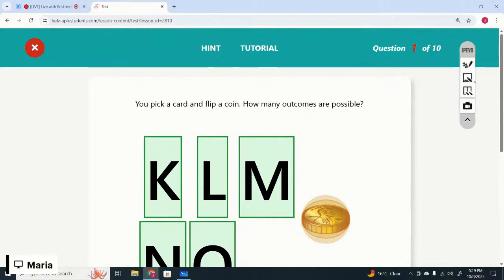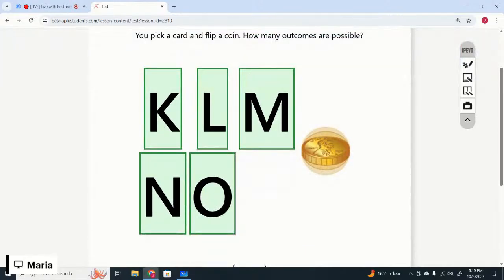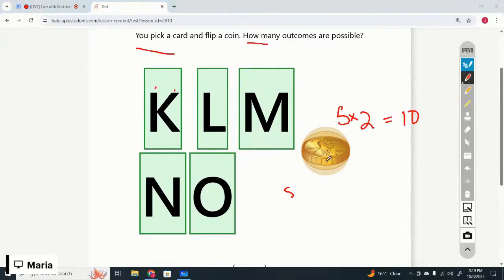You pick a card and flip a coin. How many outcomes are possible? So 5 cards we have and 2 outcomes for the coin, that is 5 times 2 is 10. That is 10.